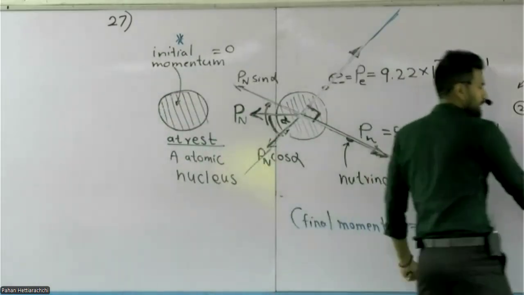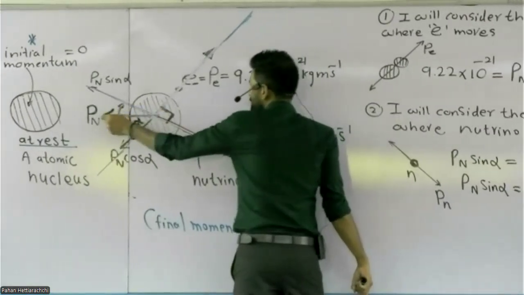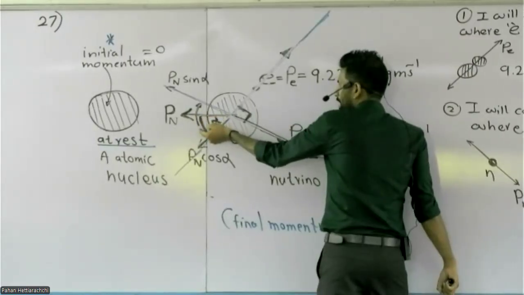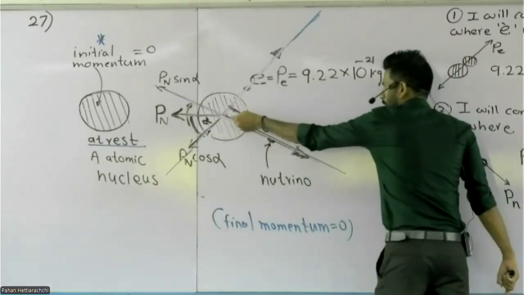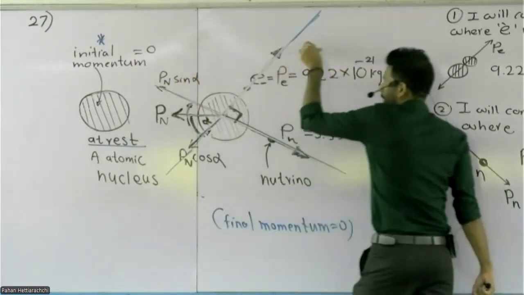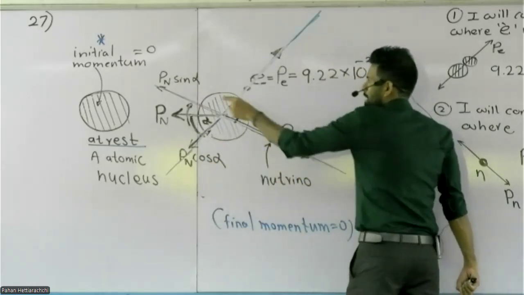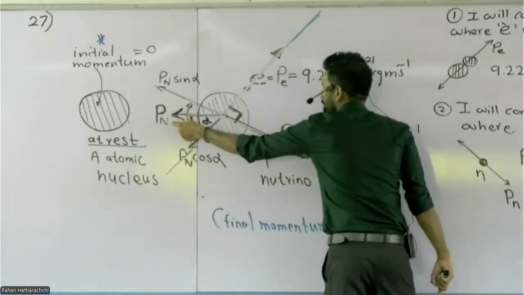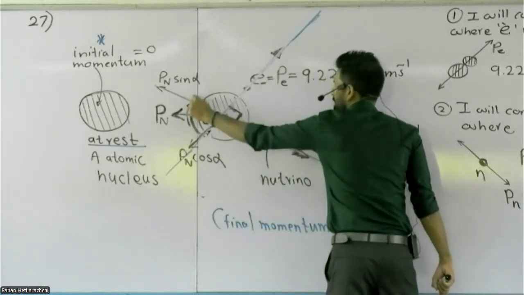The component P_N sin alpha cancels out the momentum created by the neutrino, and the momentum created by the electron is cancelled by the component P_N cos alpha of the recoiling nucleus.